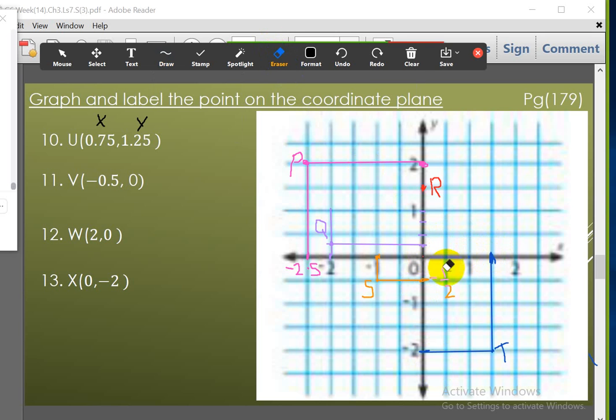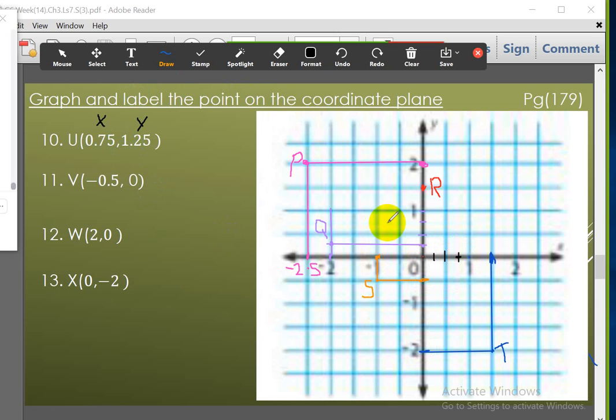I think you write the numbers to make space. Okay, 0.75. Look, girls, if you divide this distance between 0 and 1 into 4 equal parts, each part will be 0.25. So count 0.25, 0.5, 0.75. This is the point of 0.75.